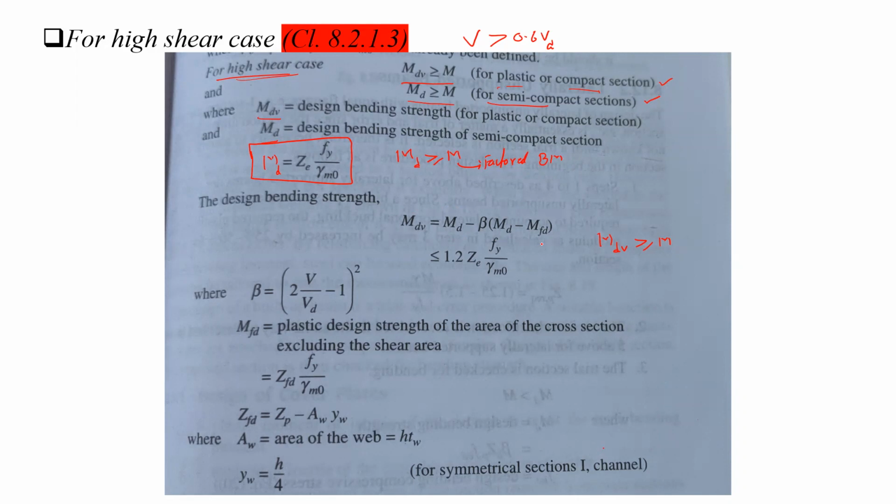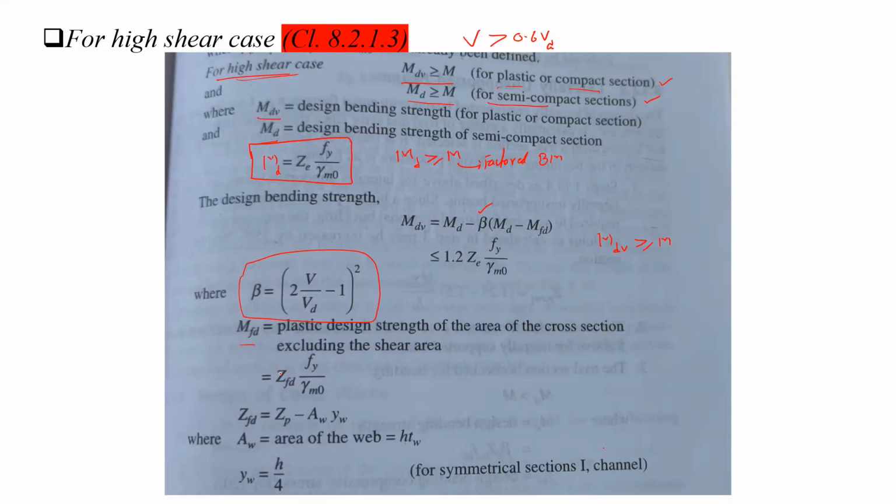Before that, let's look at how to find the value of beta. Beta is calculated using this formula: 2 times (V divided by VD minus 1) whole square. Here V is the factored shear force and VD is the design shear capacity, which we have calculated. The next factor is MFD.